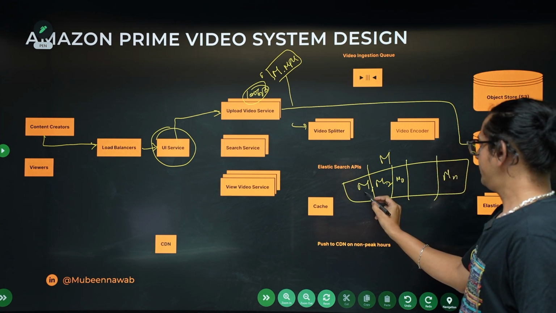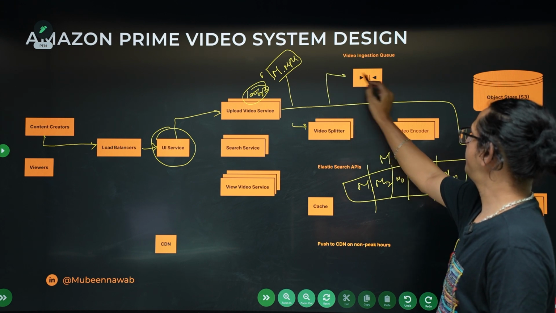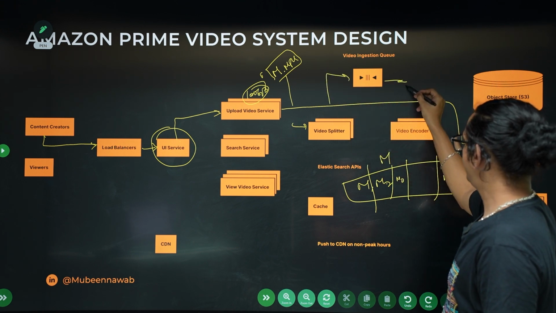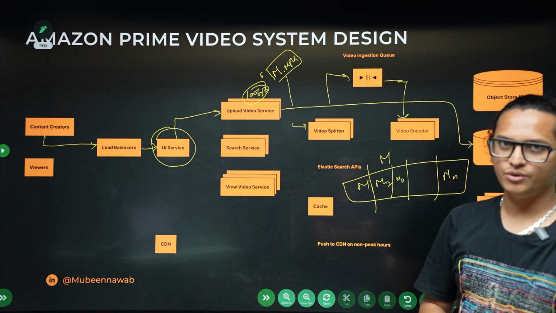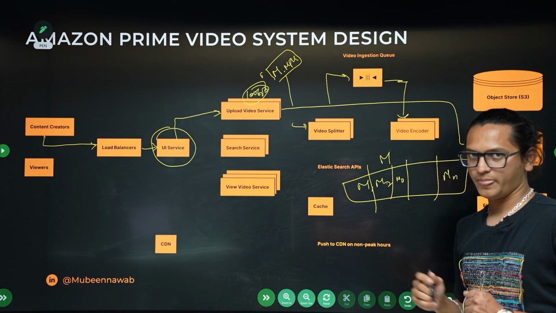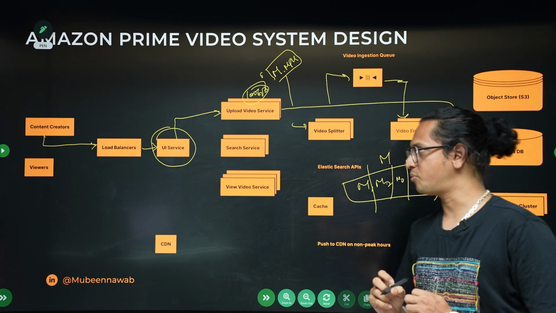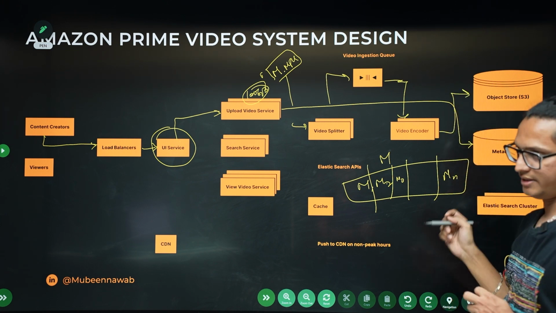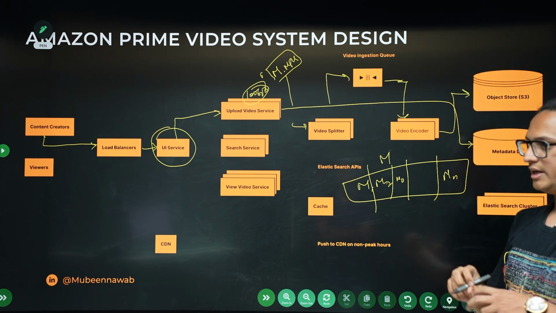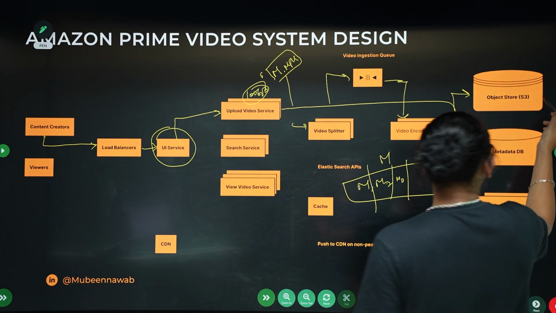Again, these split files get queued using the video ingestion queue, and then they get encoded using the video encoder. The video encoding algorithm will process them, and they will be stored in the main object store, S3.